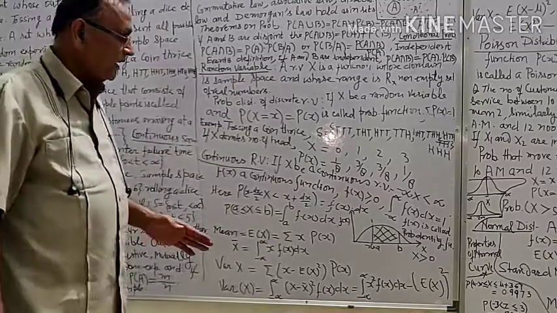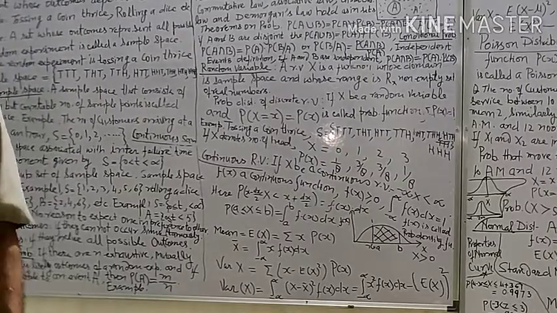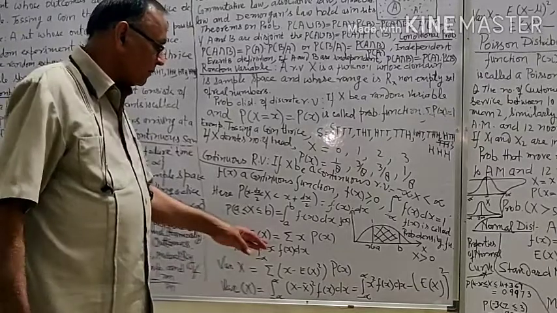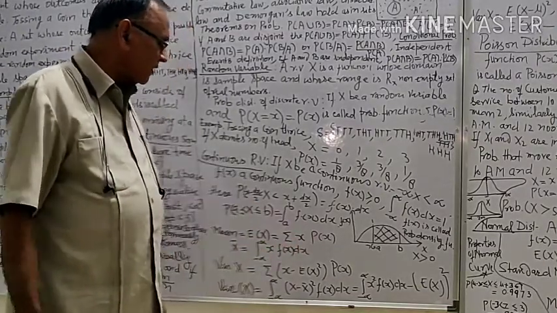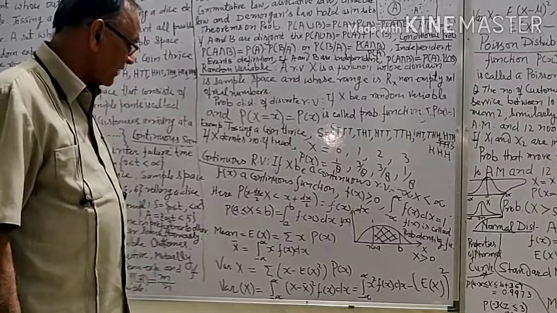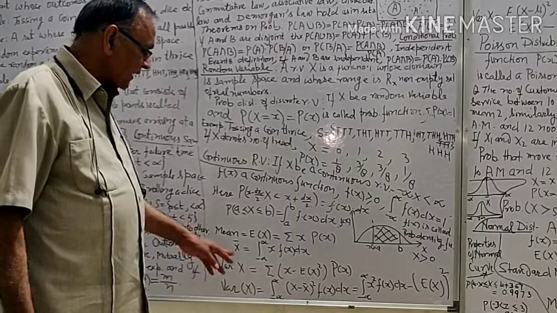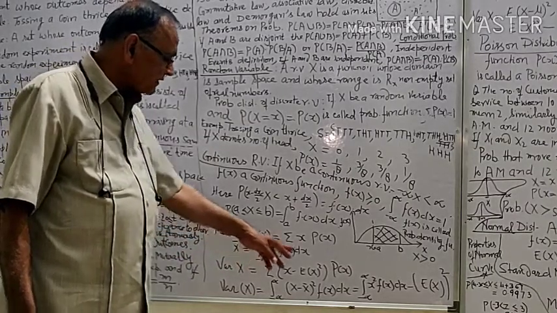Now, mean and variance of a discrete and continuous random variable. The mean of a discrete random variable is given by Ex is equal to summation x px, where px is the probability function, whereas in case of continuous random variable it is x bar is equal to minus infinity to plus infinity x fx dx.